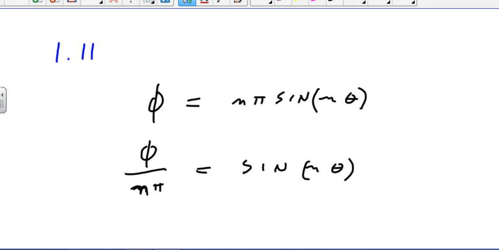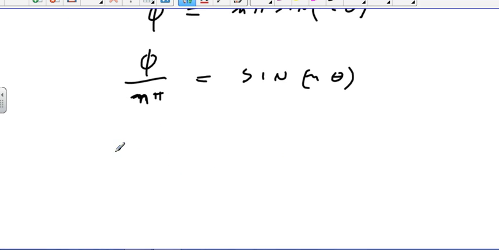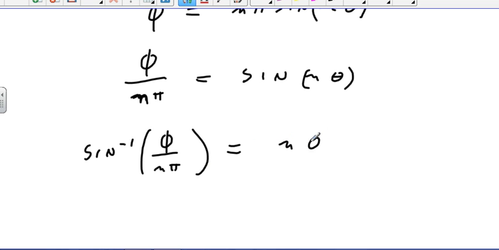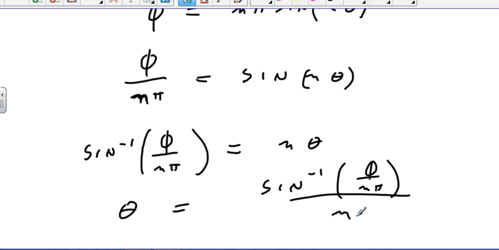And then I'm going to have the arc sine of phi over n pi equal n theta. So I'm going to have theta equal arc sine of phi over n pi divided by n. There we go, done. Now, the problem is that we'll have to get to the end of the class before you'd ever see a problem like that, right? Because we haven't done sines and cosines yet, but it'll happen soon enough.